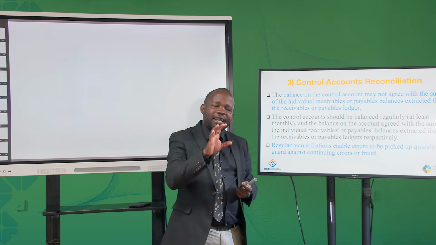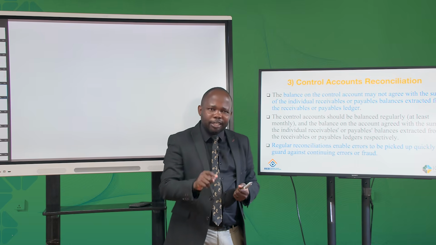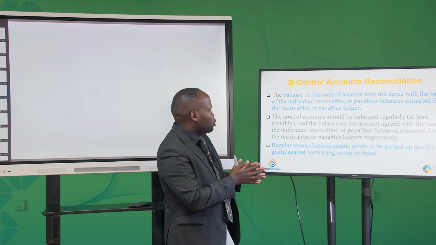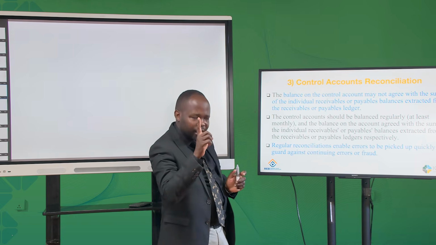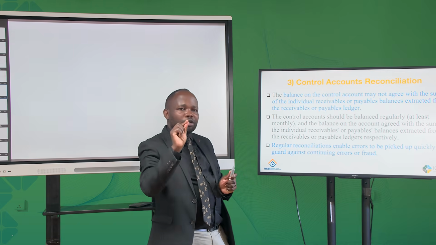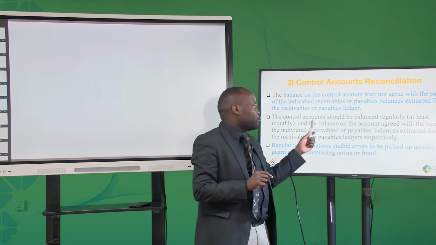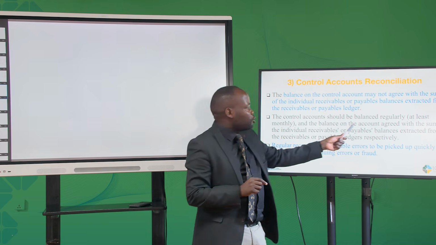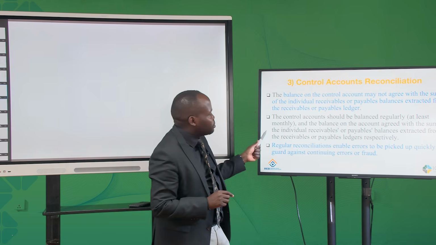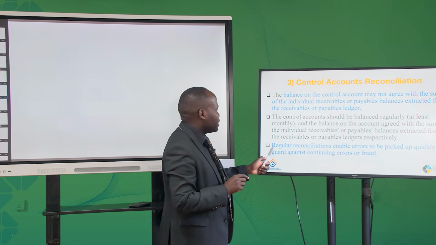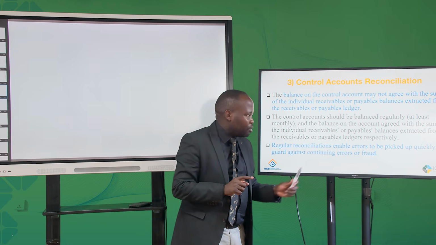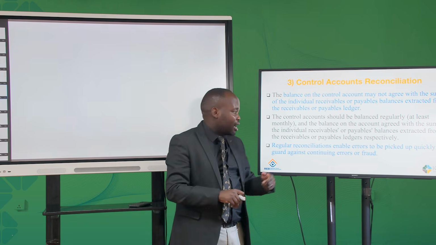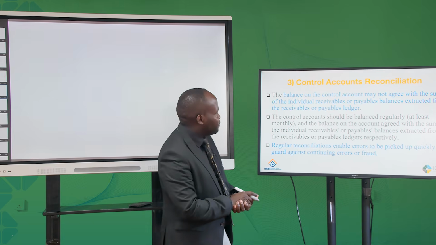Therefore, we need to reconcile and find out what caused the difference. So the control account should be balanced regularly, and the balance on the account agreed with the sums in the individual ledgers. Regular reconciliation enables errors to be picked early and quickly and to guard against errors and fraud.